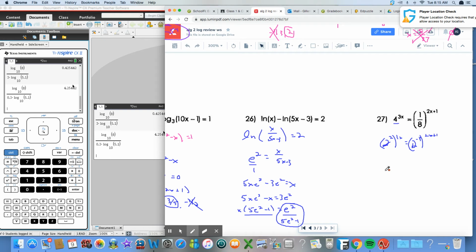Set them equal to each other. And then negative 6x minus 3. Add, I get 12x equals negative 3. I divide that by 12, right? And I get negative 1/4. Negative 1/4. All right, so that's the last problem on here.